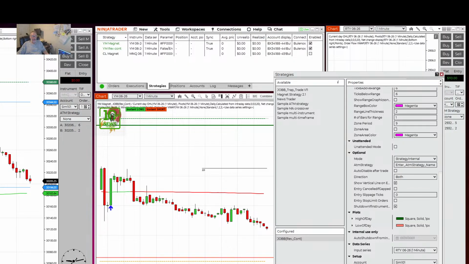So there's a good rule of thumb you may want to follow if you're a prop trader. Let's say you're a Rithmic trader, especially if you ever get an error of any kind, a software error of any kind, a Ninja error.